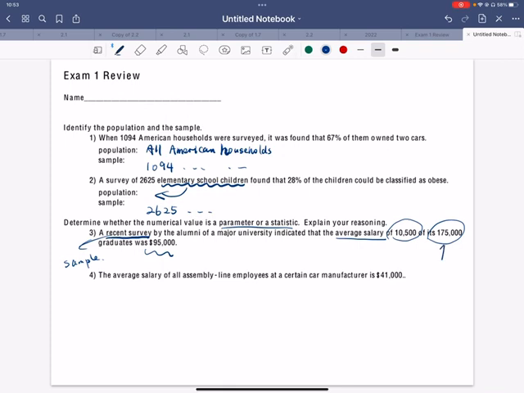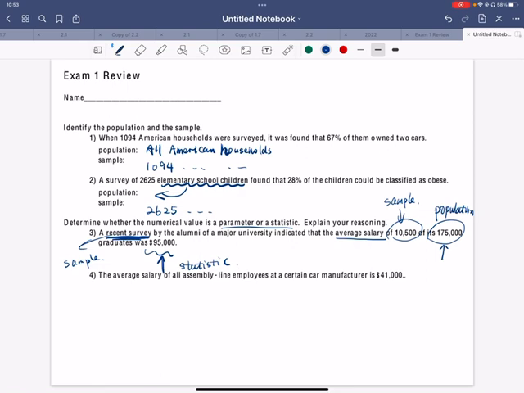I think the total graduates would be the population, and the 10,500 would be the sample. This is a numerical value that comes from the sample, describes the sample, so it will be a statistic. If you see a recent survey, you know it's related to a sample.